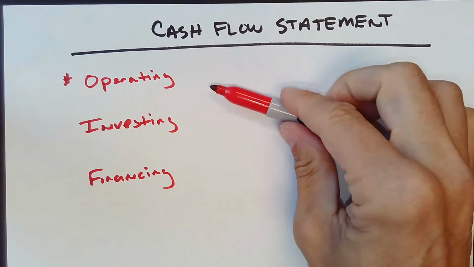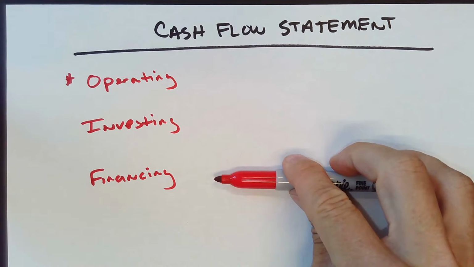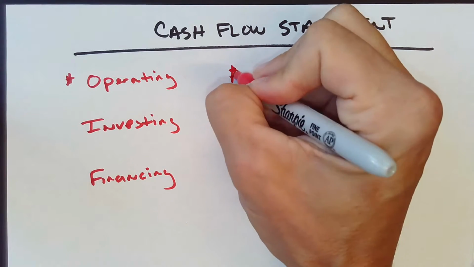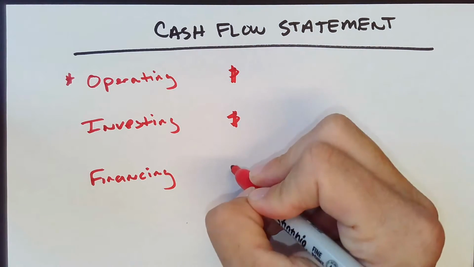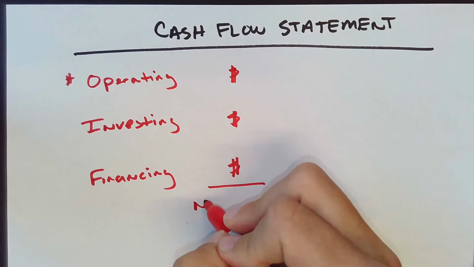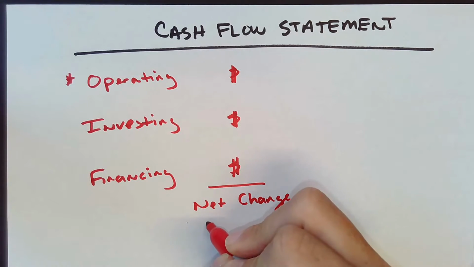And what this is going to do is give us our net cash from each of these, and when I add these together, it's going to give me my net change in my cash balance.